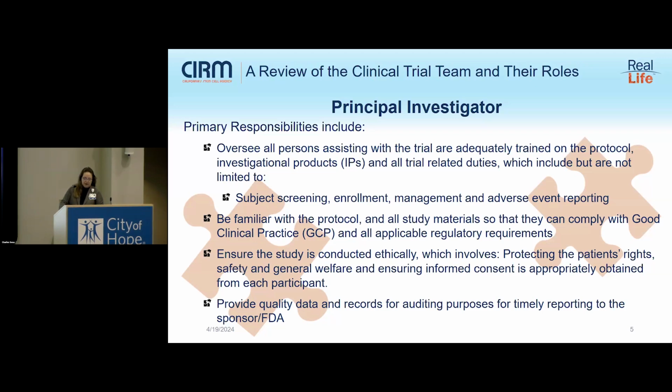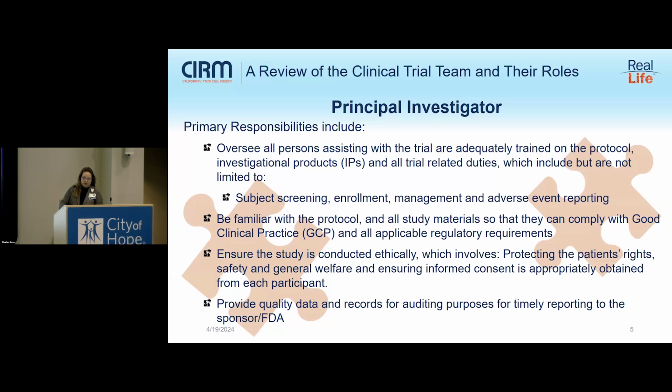The PI must be familiar with the protocol, along with all study materials, so that they and their team can comply with good clinical practice, which I know you've heard about over and over again throughout this conference, and all the regulatory requirements.